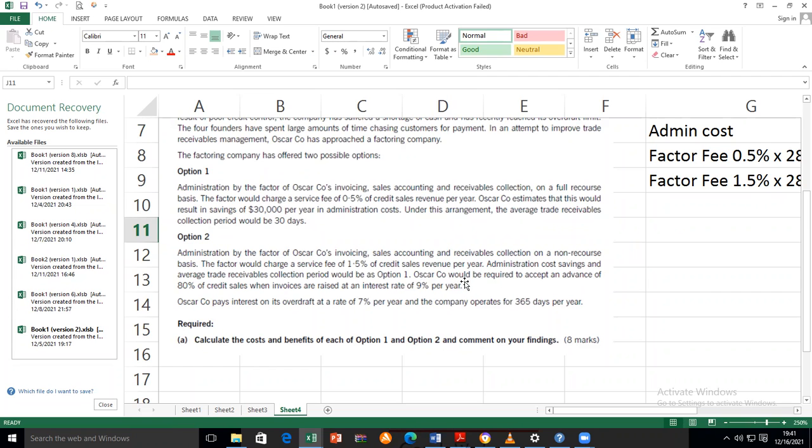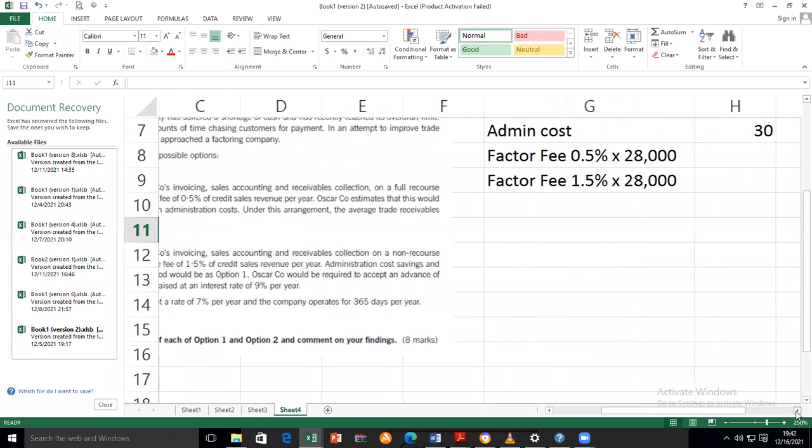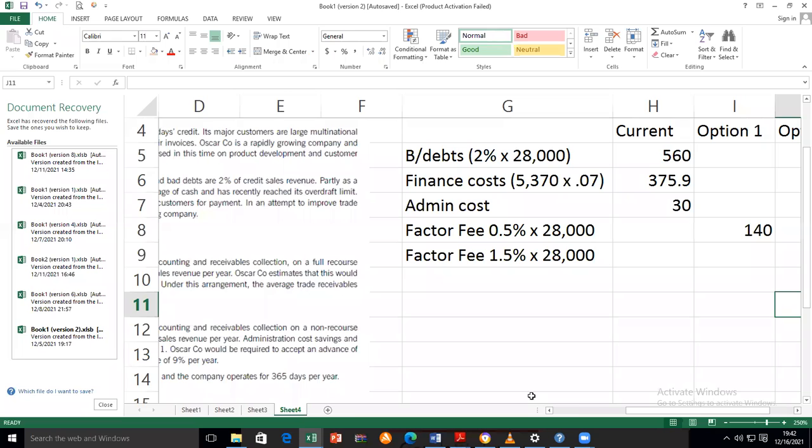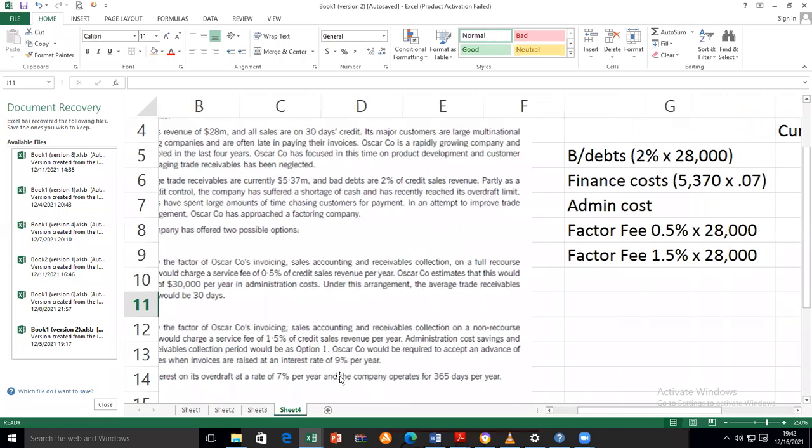Also, company would be required to accept an advance of 80% of credit sales when invoices are raised at an interest rate of 9%. Okay. So under this option, again, there is some funding. That funding is not being mentioned there. So this funding comes with option 2.